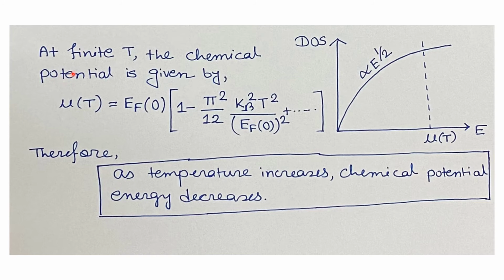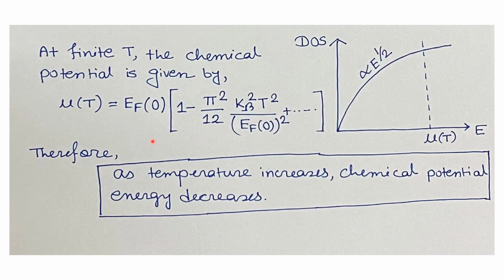Now, at finite temperature, the chemical potential is given by mu(T) equals EF0 multiplied by 1 minus pi square by 12 into (kB square T square by EF0 square), plus some higher order terms, where EF0 is the chemical potential or the Fermi energy of this three-dimensional system at temperature equal to 0 Kelvin. Now, if you see this expression carefully, you will see the chemical potential will decrease as the temperature is increasing.